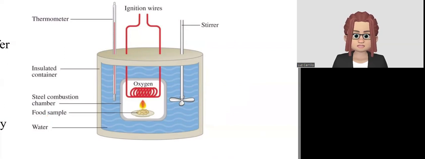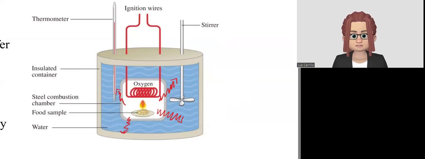And in that combustion reaction, heat will be released. We can see that it is illustrated here in the form of a flame. When that occurs, overall, we have that heat release into the water. You can see the squiggly lines that I'm doing to represent the heat that is exerted by the food sample.